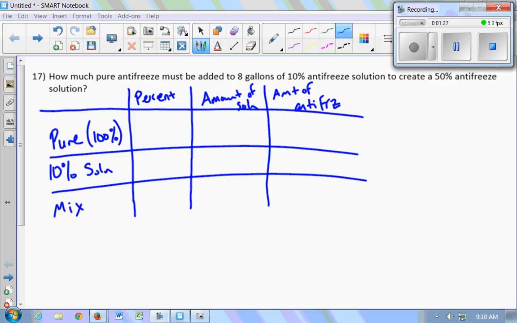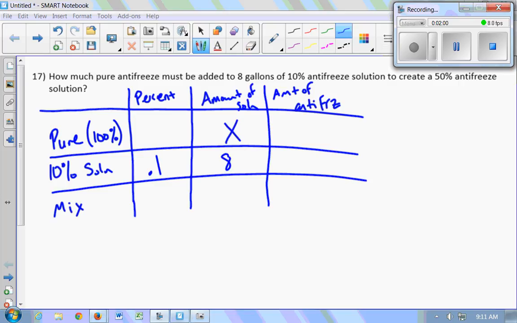So how much pure antifreeze? That's the question. So I'm going to call that an X because that's what they asked us for. Must be added to 8 gallons of 10% antifreeze. So for my 10% solution, I'll put 0.1 instead of 10%. The amount of that solution I have is 8 gallons. If you have 8 gallons that's 10% antifreeze, that means it's 10% antifreeze, 90% water, right?